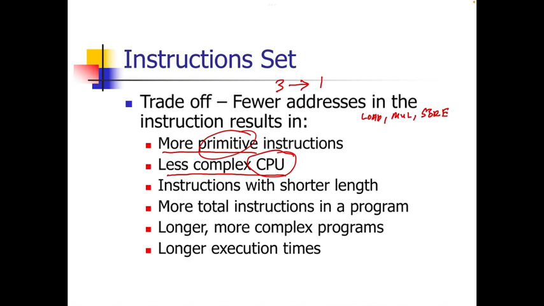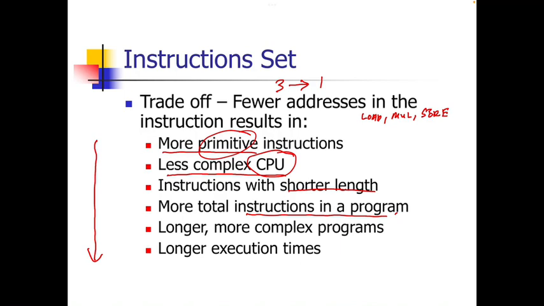If you can see here, in one address we just have load D, but in three addresses we have sub Y, A, B. And for three to one address, there are more total instructions in the program. The one address will have short instructions, which means we have many instructions in a program, so a longer, more complex program.